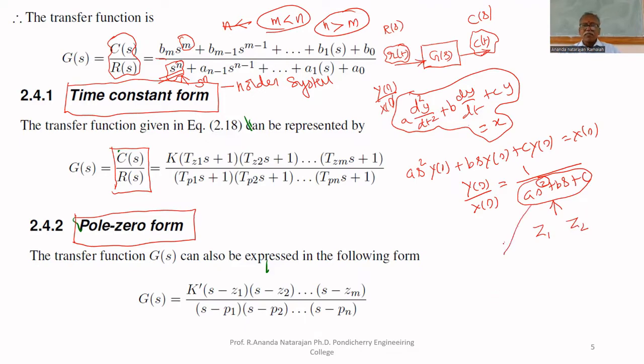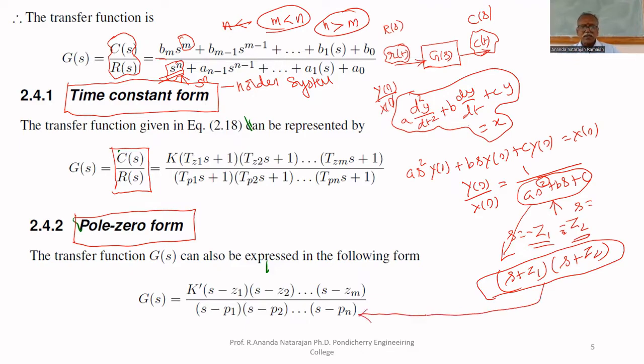This polynomial can be represented as s plus z1 and s plus z2, since s equal to minus z1, s equal to minus z2 are the 2 roots of this polynomial. Therefore, s plus z1 times s plus z2. If you do this, you will get the polynomial, because we are factorizing this polynomial by its roots. So if you factorize the denominator, you will get like this.